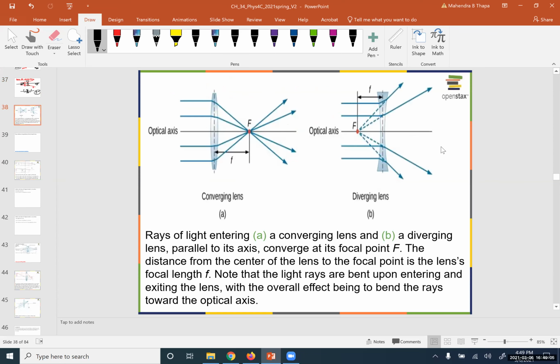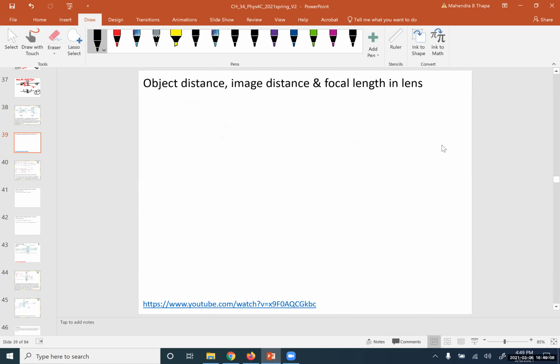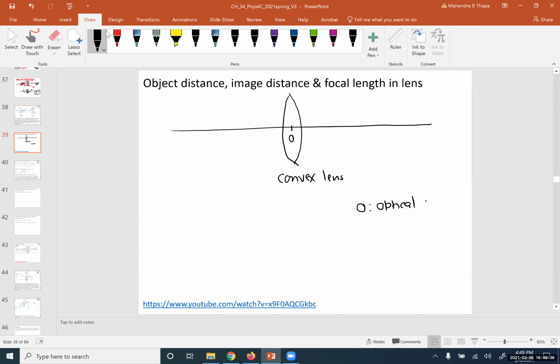So let's see about object distance, image distance, and focal length in a lens. Take one example of the convex lens. This is the convex lens, this is the principal axis, and this is the optical center O. In the case of a lens, we have two focus points, one on this side and the other on that side.